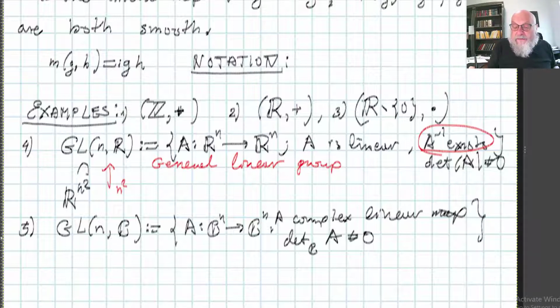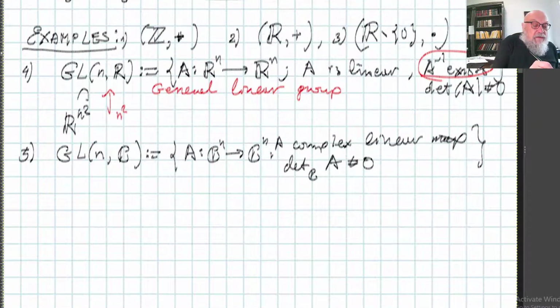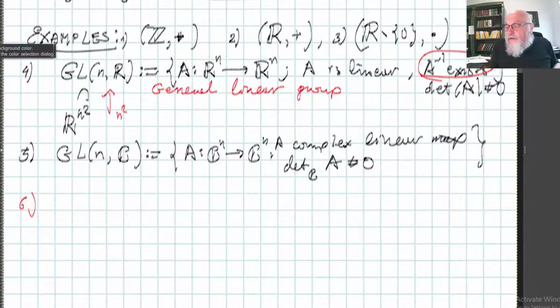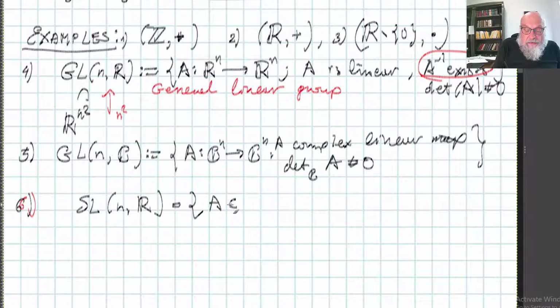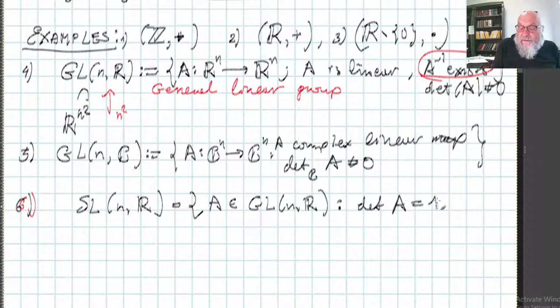Okay, so let's go to the next one, number 6. It will be the set of all A belonging to GL(n,R) with determinant of A equal to 1, called the special linear group, SL(n,R).